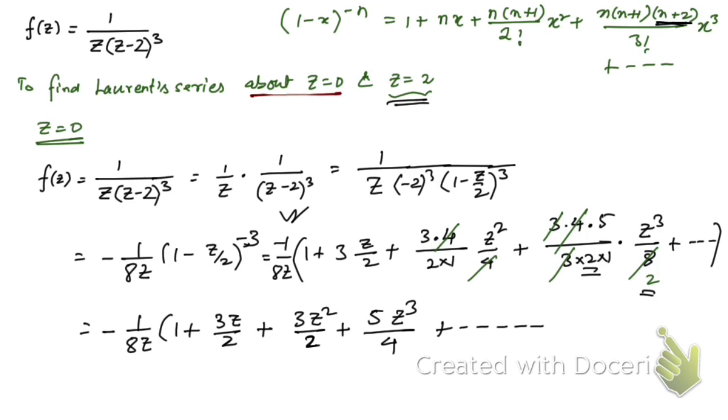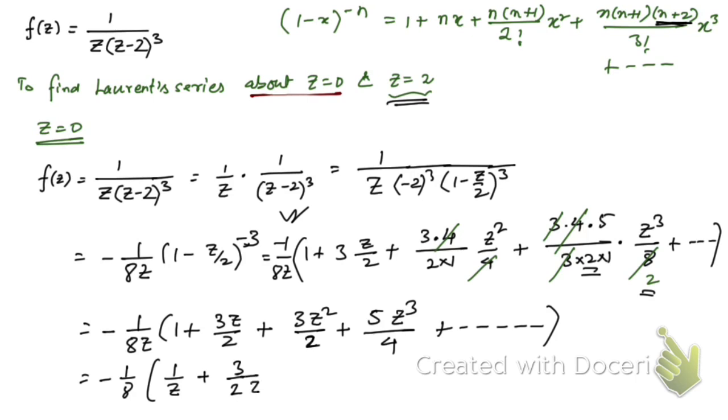and so on. Now you see, if we multiply this 1 by z with those, then what we're gonna have, let me multiply that, minus 1 by 8, here we're gonna have 1 by z plus 3 by 2.